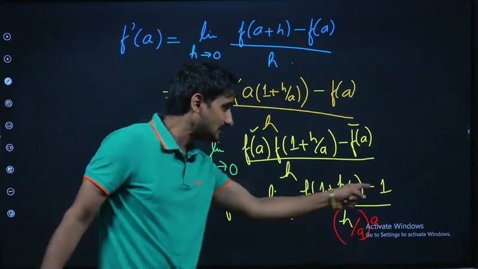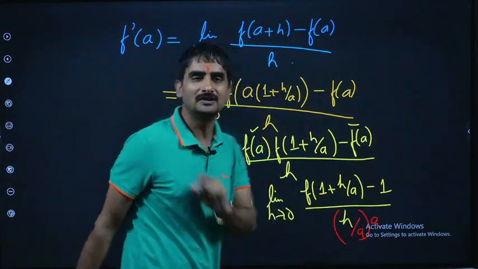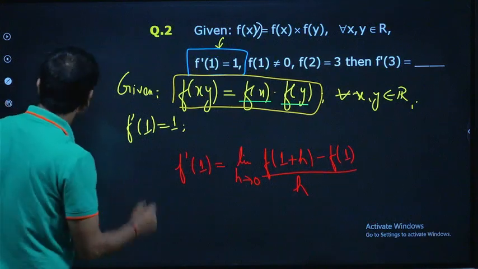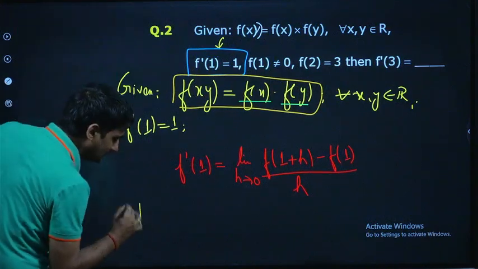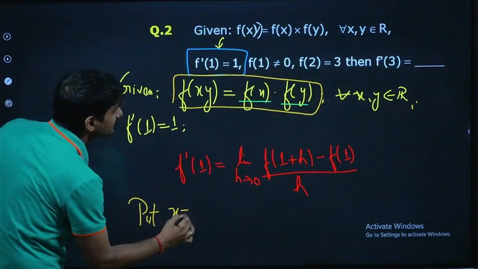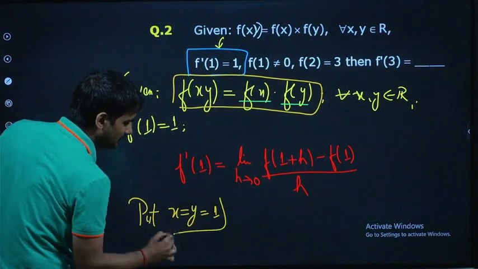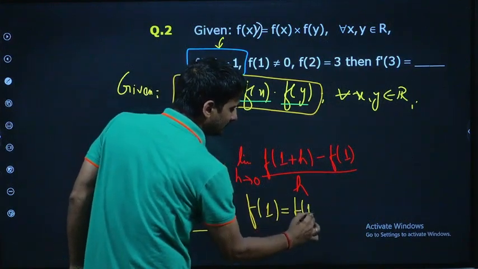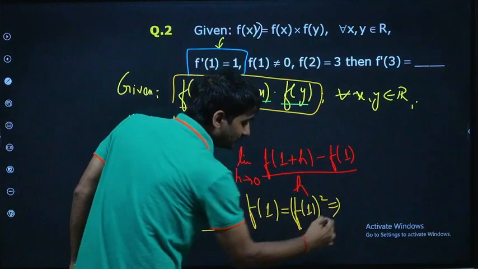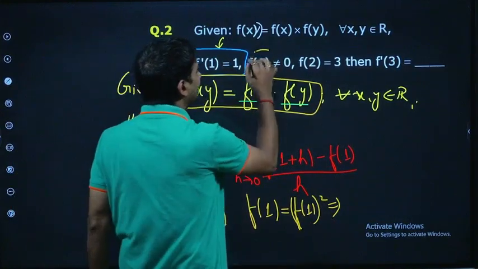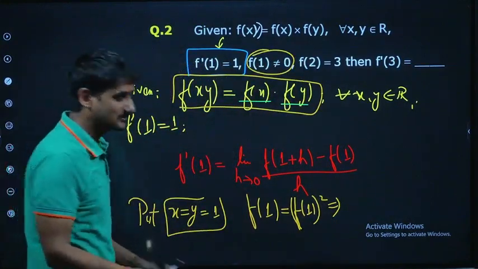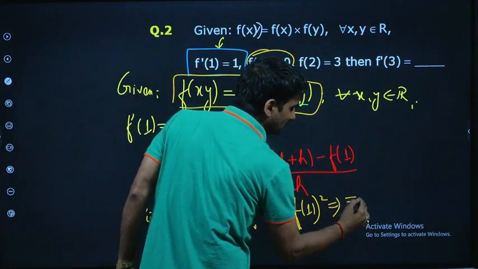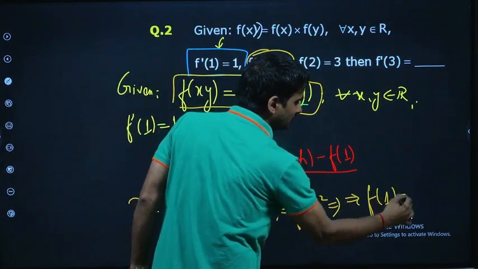The problem is we need f of 1 here, so let's check its value. I suggest you put x and y both as 1 in the given relation. We get f of 1 is equal to f of 1 whole squared. Now we are given that f(1) can't be 0, so f of 1 is 1.